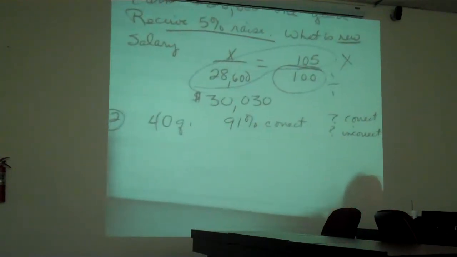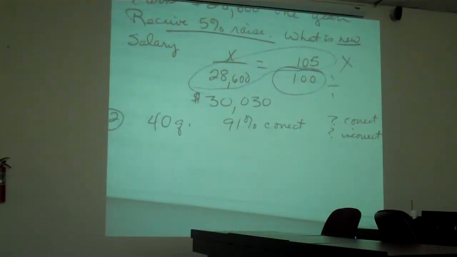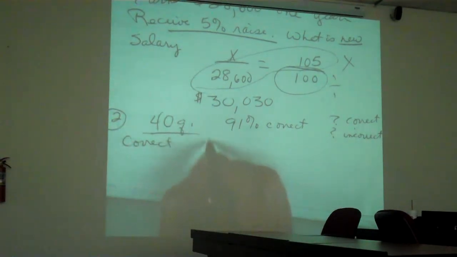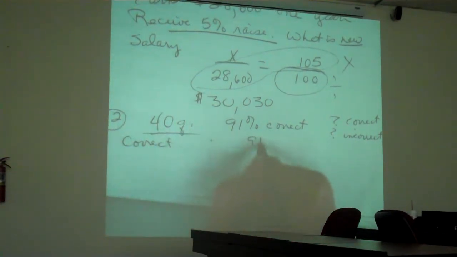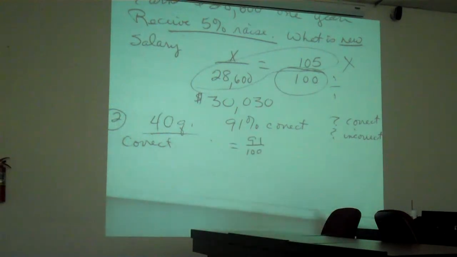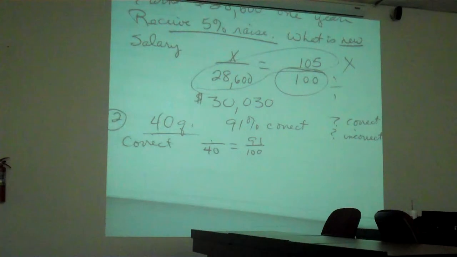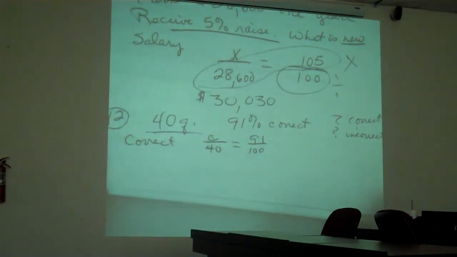So the correct was 91% of what? 91% of the 40 questions. So the correct, you set it up, 91 is your percent, 91% of your 40 questions is the correct, right?